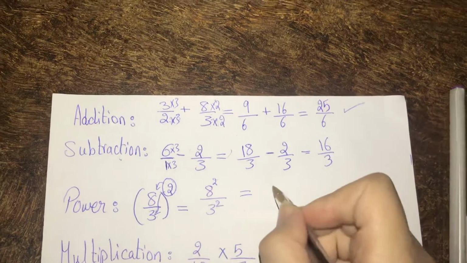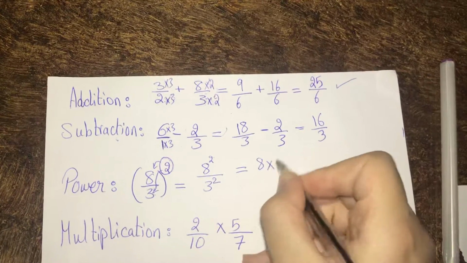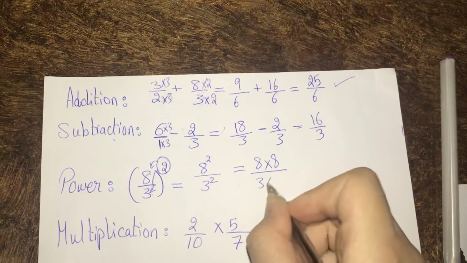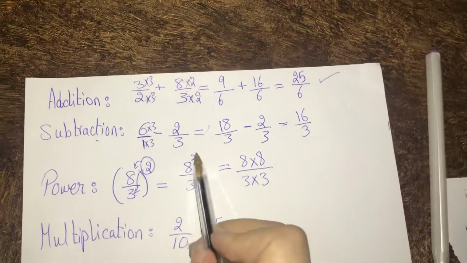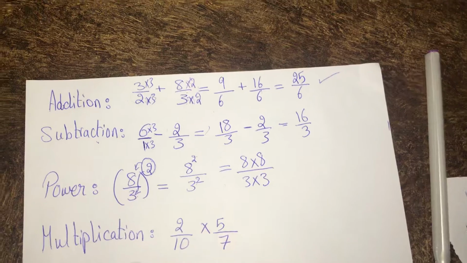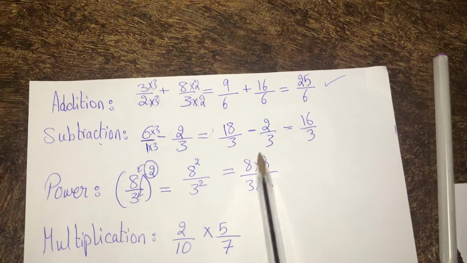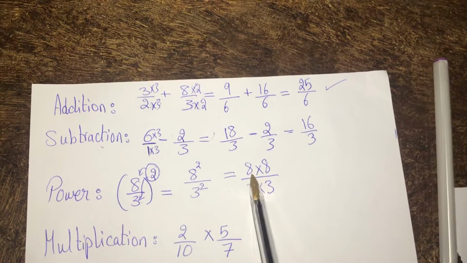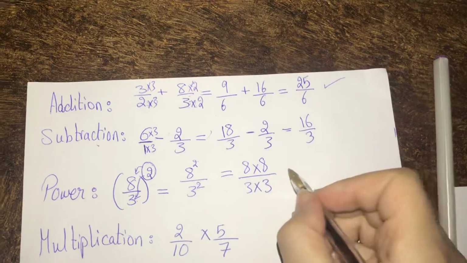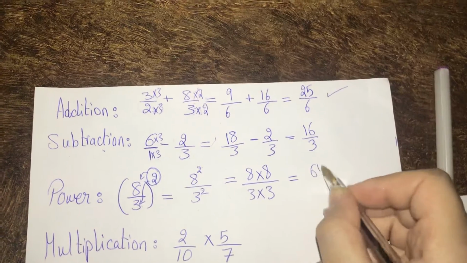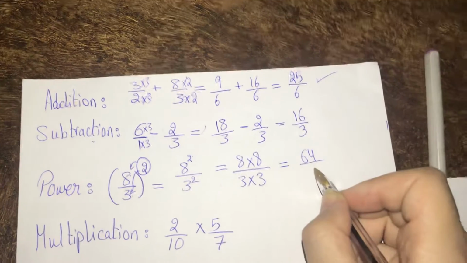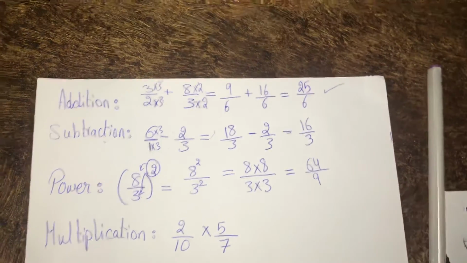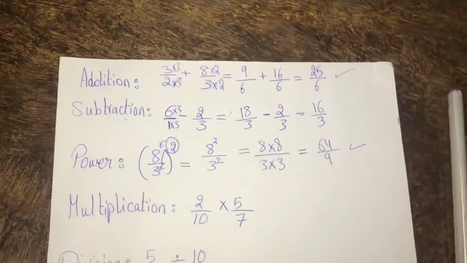What is 8 squared? It's 8 times 8 over 3 times 3. The power is 2, so 8 is repeated 2 times. So 8 times 8 is 64 over 9. Okay? And this is done.